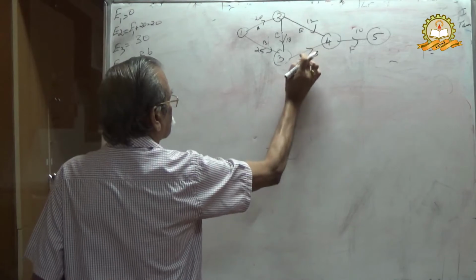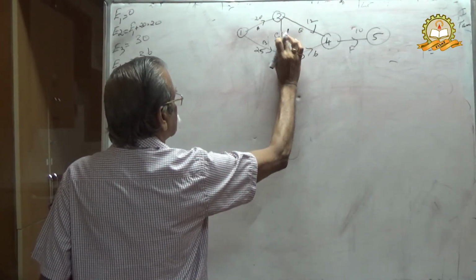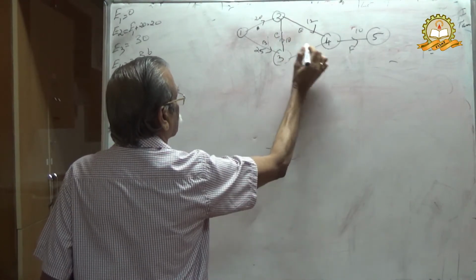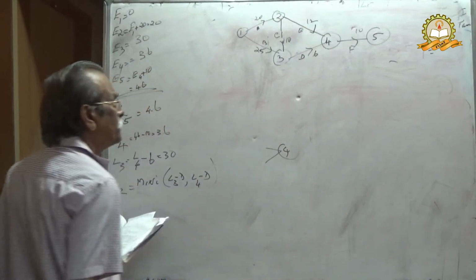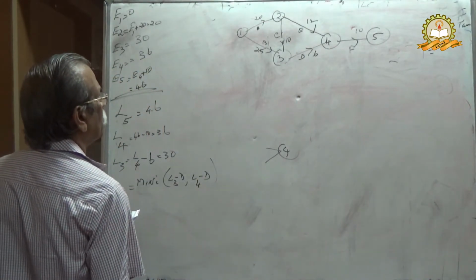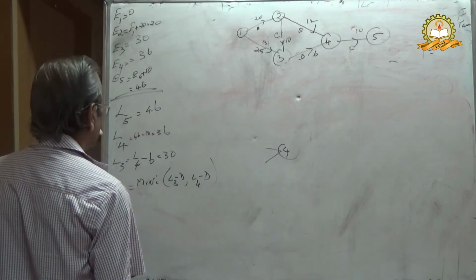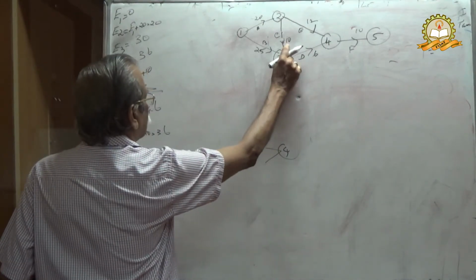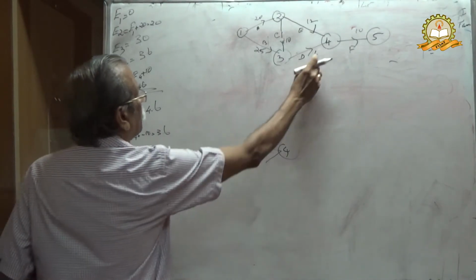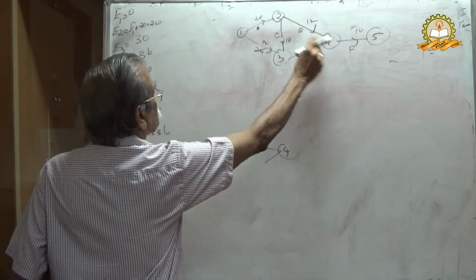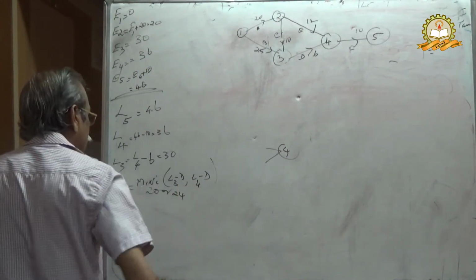You are returning, therefore the arrow changes; remember the arrow changes. L3 equal to 30 minus 10, 20, or L4 36 minus 12, 24. Therefore minimum 20.